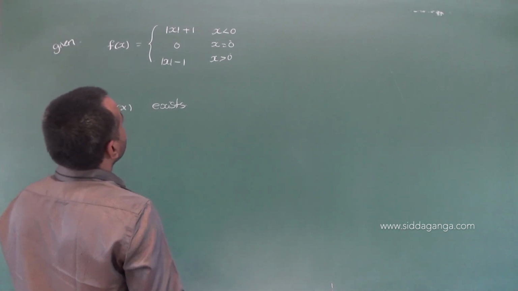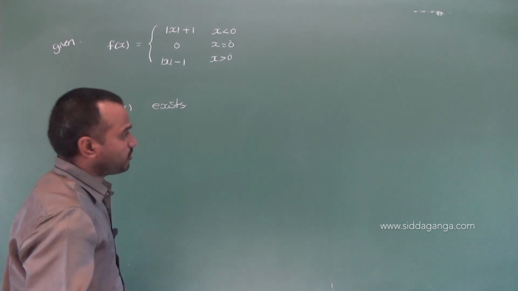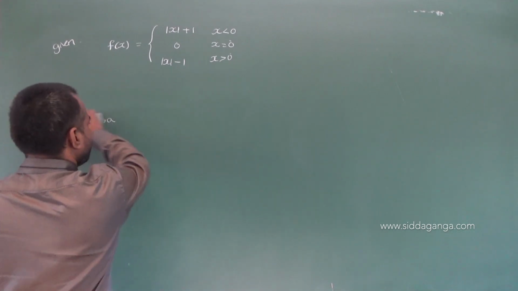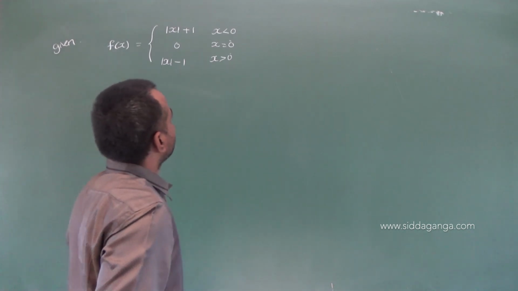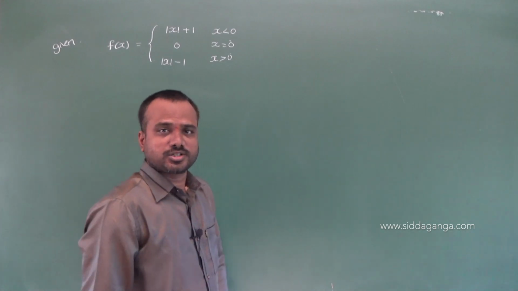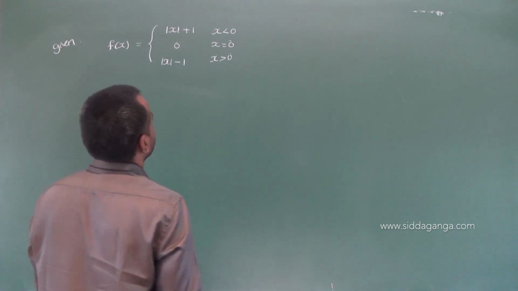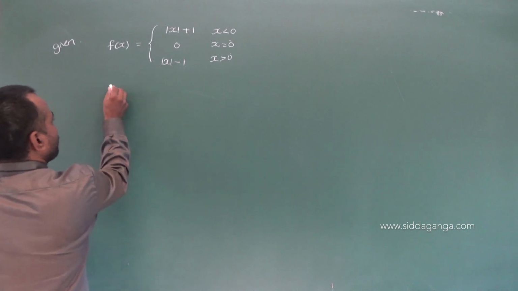Given f of x is equal to mod x plus 1 for x less than 0. For x less than 0, mod x is equal to minus x, correct? And mod x minus 1 for x greater than 0.